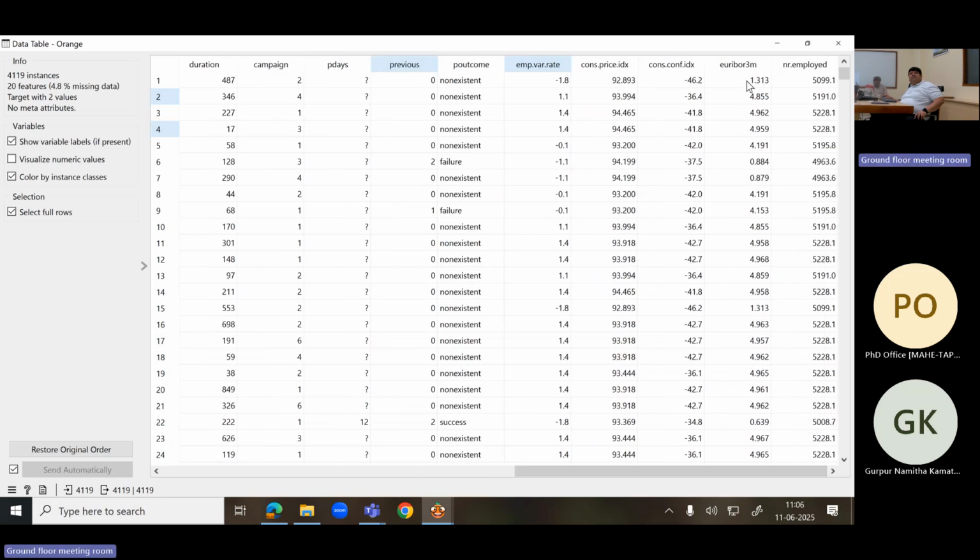It is completely different. Okay, 1.313 is common, so what are its characteristics regarding the two other attributes, depending upon the call made?